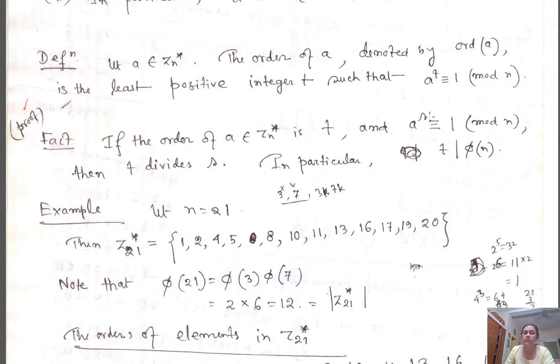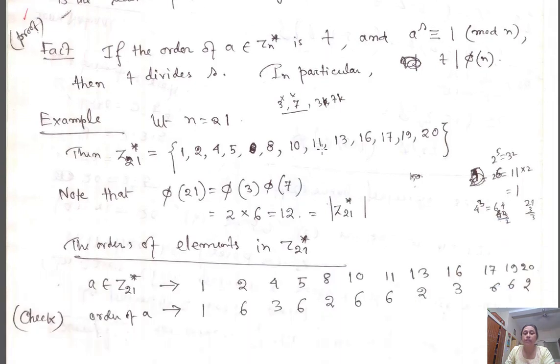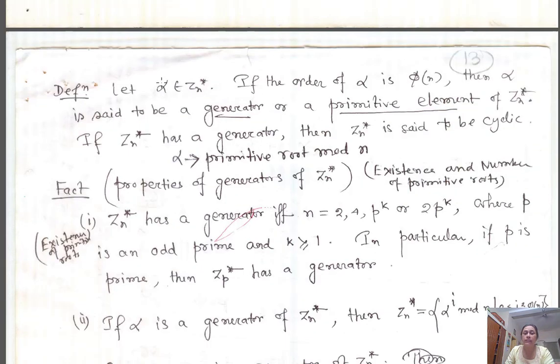T divides s. Okay, so if the order of alpha is phi n, that means no other positive integer less than phi n, and that is a divisor of phi n, is the order of alpha. In that case, alpha is said to be a generator or primitive element. So in that case, this is a cyclic group.